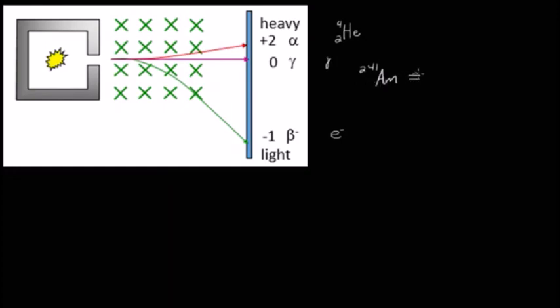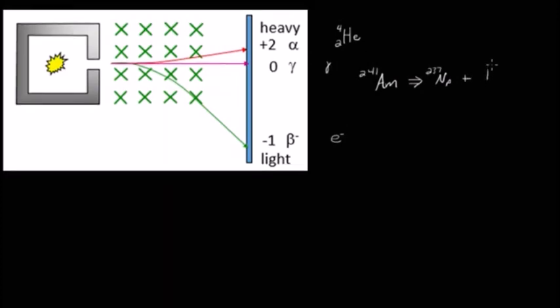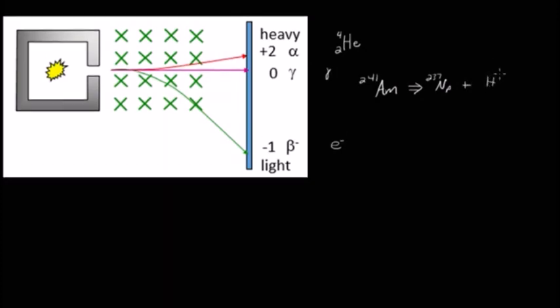Americium will decay into neptunium, which is itself pretty radioactive. 237 nucleons, and by doing that, it emits a helium nucleus, an alpha particle. Okay, so this is called alpha decay.